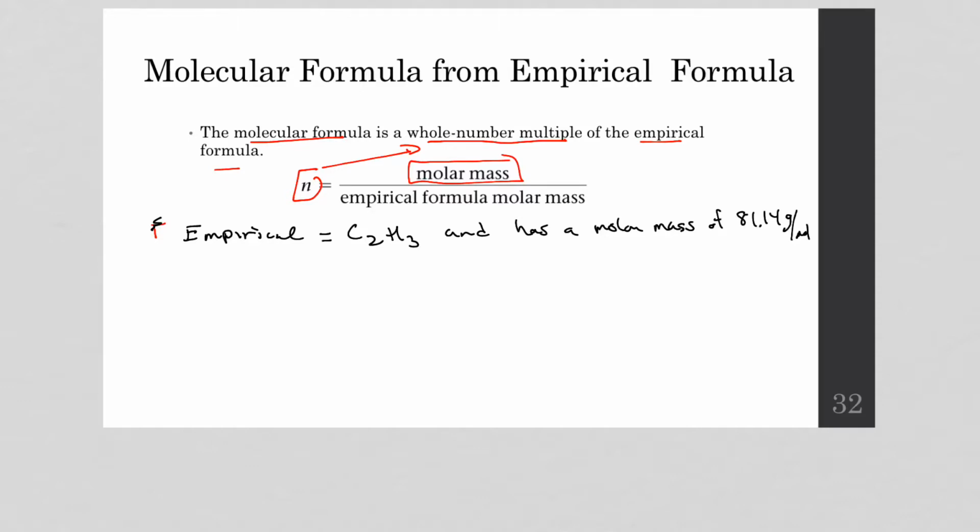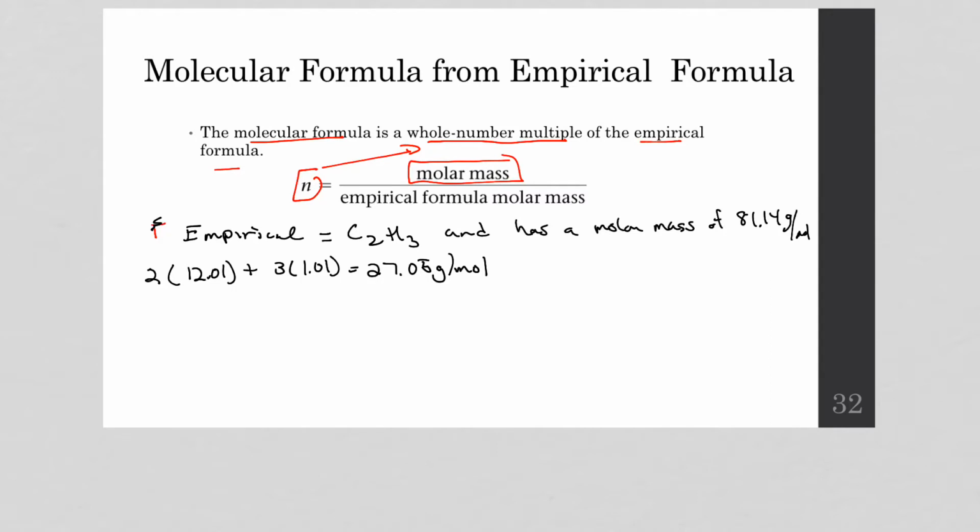So now I have the ability to figure out n and to get to the molecular formula. I need the molar mass, that's going to go on top. But I need the empirical formula molar mass too. In other words, I need to know what the molar mass of this empirical formula is. So here I have 2 times 12.01 plus 3 times 1.01 equals 27.05 grams per mole, my empirical formula mass.